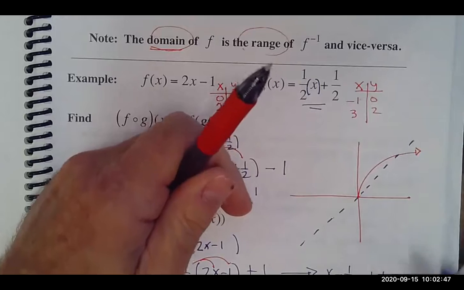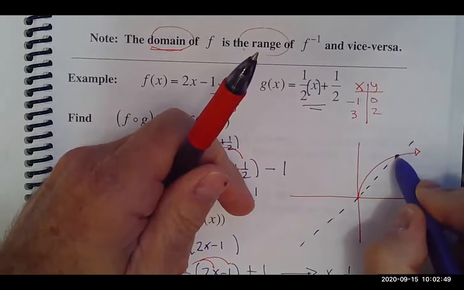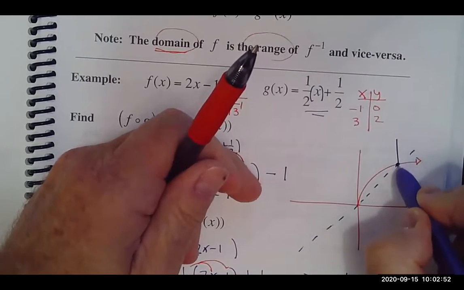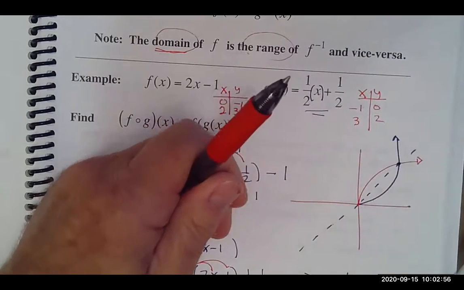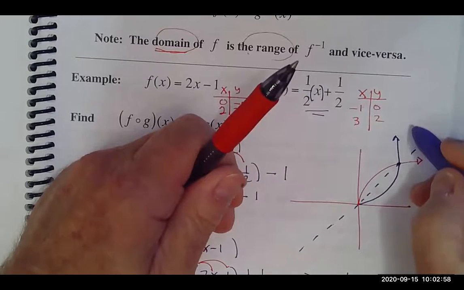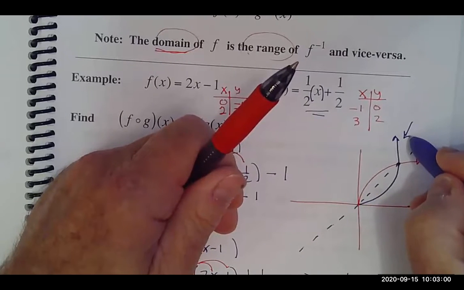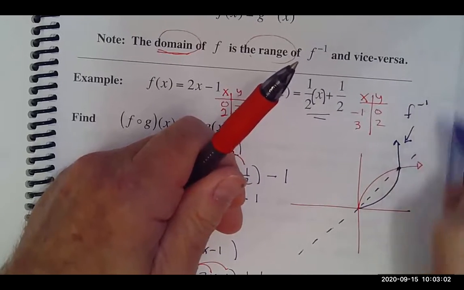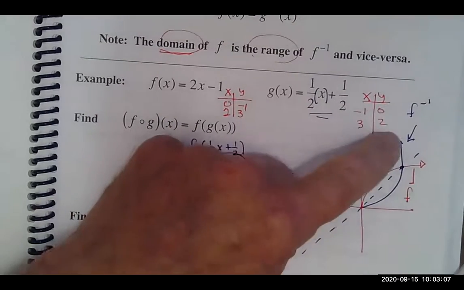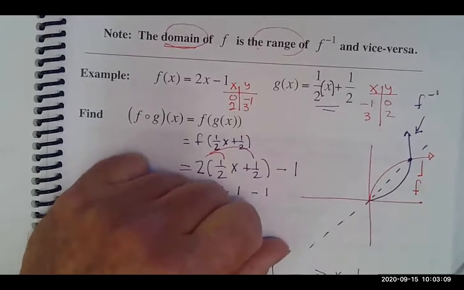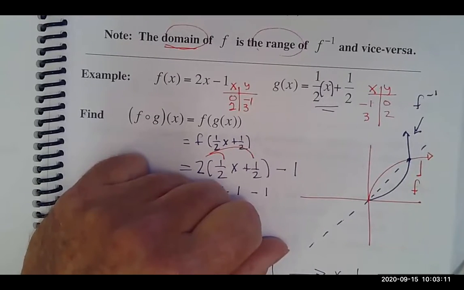It's got this line of symmetry, and so it'll look like this. This piece right here is f inverse, where this piece right here was the original. You just have to come up with the equation of that thing right there. And that's what I'm going to show you how to do.